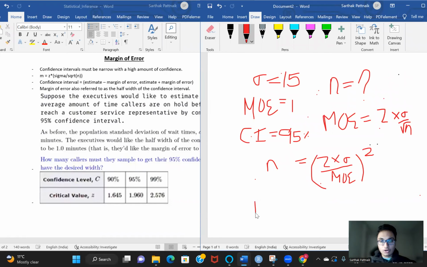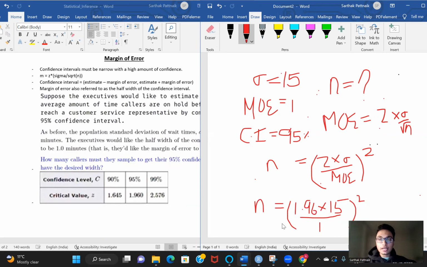For a 95% confidence interval, my Z value is 1.96. I multiply that by my sigma, which is 15, and I divide that by my half width, and I square this to get my answer. I hope this example is clear to you.